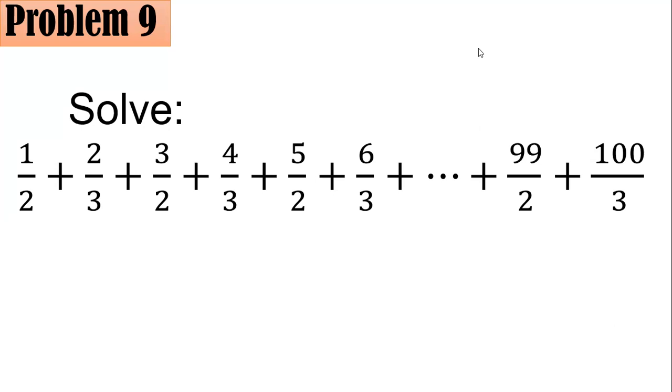There are many strategies in doing this. What others did before was they added those numbers that have a denominator of 2, that is, 1/2, 3/2, 5/2, all the way until 99/2. After adding them, they also added 2/3, 4/3, 6/3, all the way until 100/3. Then they added the 2 sums to get the answer.